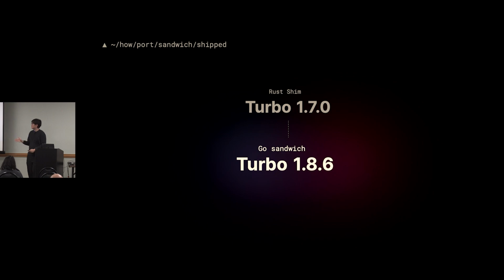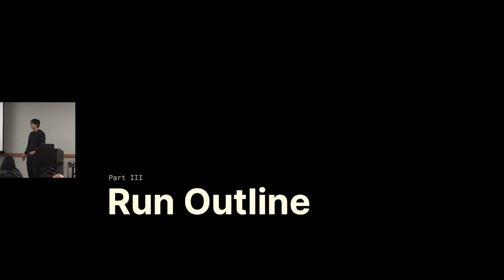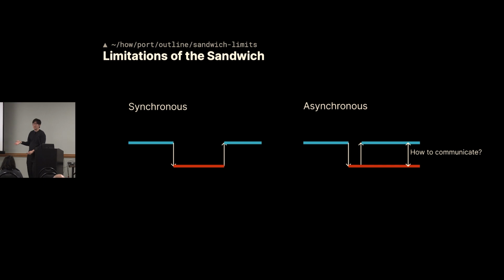So at this point, we decided to just go all in on what we call a run outline. This is essentially an all Rust execution pipeline with the unimplemented parts stubbed out. So you'd start with essentially a dummy package graph, a dummy task graph that didn't really do anything, and you would add pieces as we went along. And we added a flag so that you could try out this run outline.